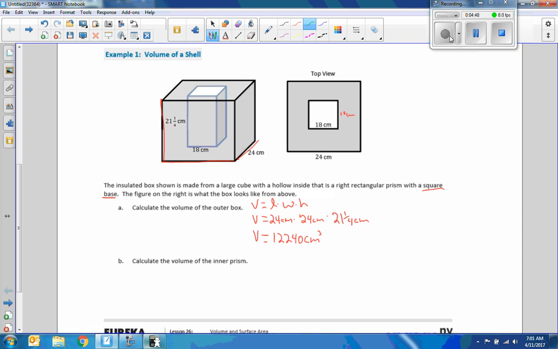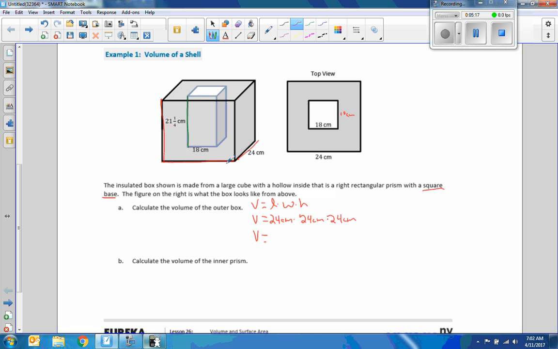Okay, I misread. This 21 1/4 is not labeled very well. That's 21 1/4. This is a cube. So this is also 24. So I'm just going to make one minor change here, and I'm going to change the last 21 1/4 to 24.